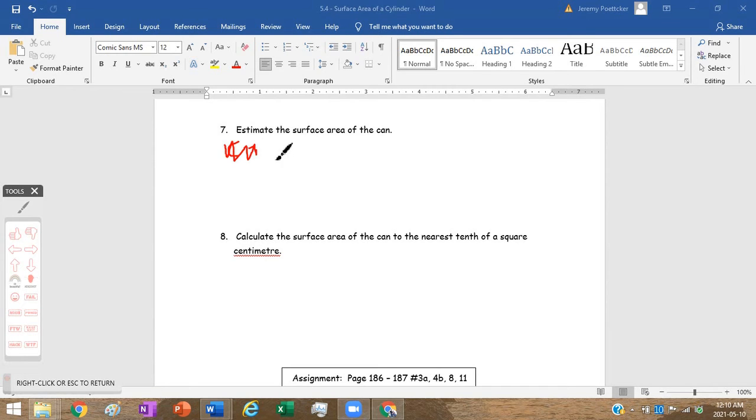Area of my circles equal approximately pi r squared. So again, estimating 3 times 4 times 4, which is equal to 48.